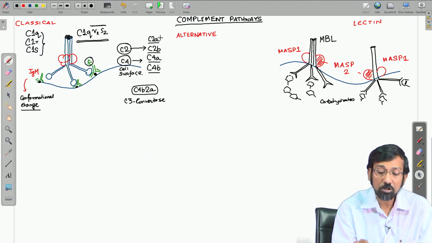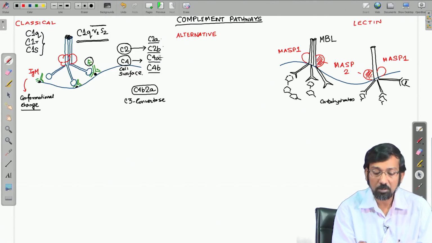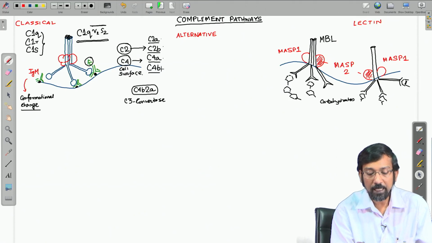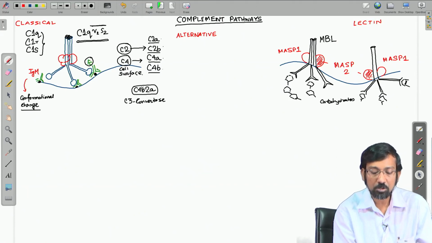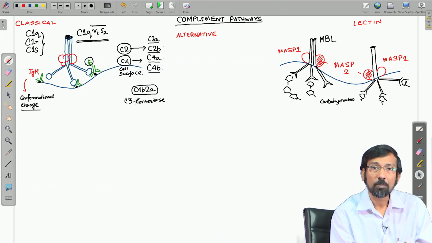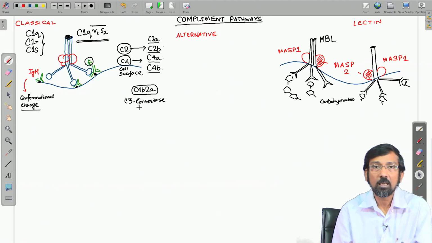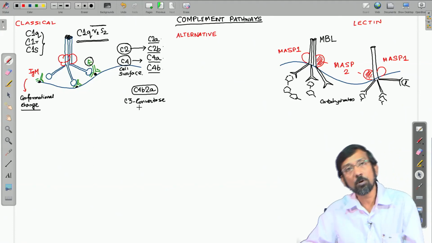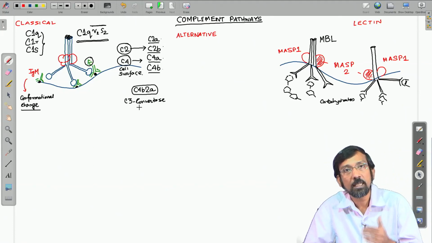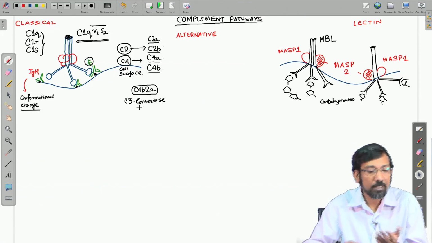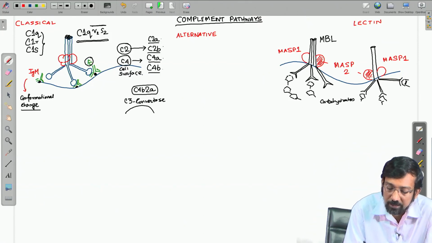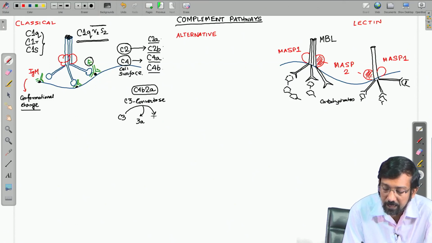C2 breaks down into 2A and 2B, C4 breaks down into 4A and 4B, and this 4B and 2A associate together to form the C3 convertase, which is also known as the C4B2A. Now, this C4B2A is a C3 convertase, that means it can cleave C3 into C3A and C3B.